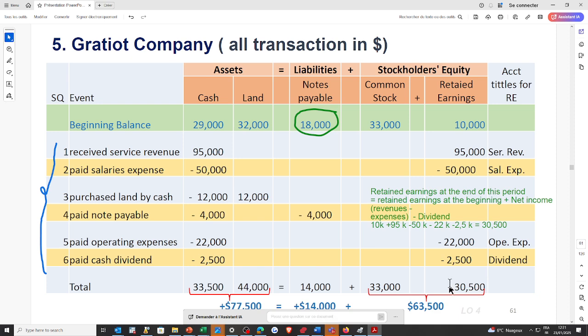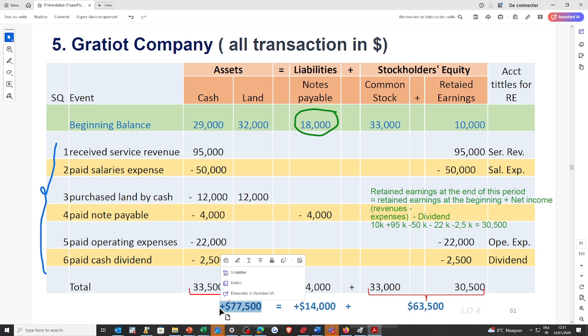Okay. So now if you take your retained earnings plus the common stock, you have your stockholders' equity equal to 63,500. And if you check both sides, the liabilities plus the stockholders' equity, you have the same amount of 77,500, the same amount as the assets.